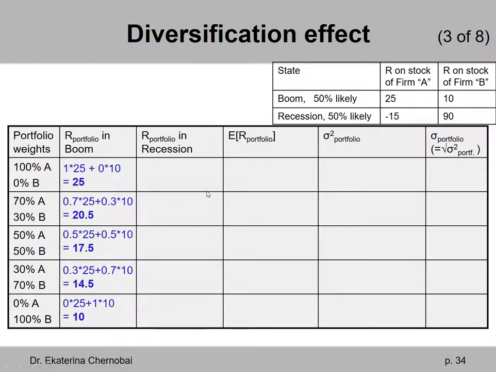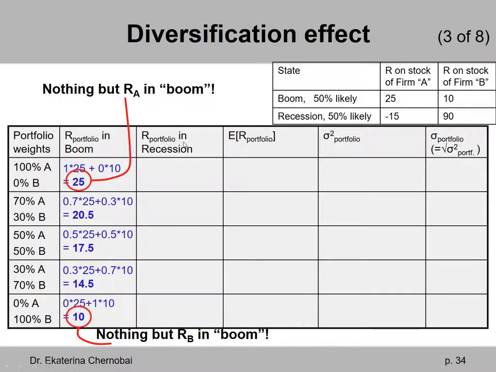The same way we can calculate the portfolio return in the recession state. If we do exactly the same calculations as we did for the boom, but only update the numbers from the table that was given to us, and pick the returns for the recession state.